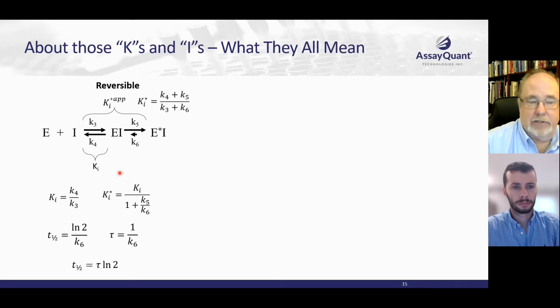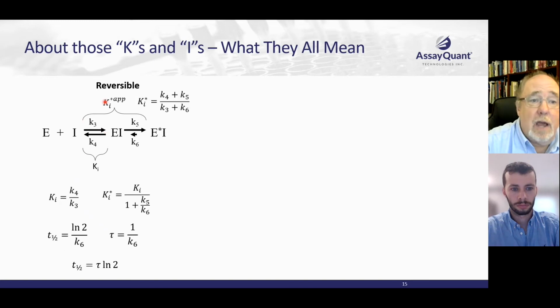kinetic binding constant. That kinetic binding constant is related to the Kd of the inhibitor binding to the enzyme in the same way that a Km is a kinetic description of a substrate binding to an enzyme, and that Kd for that substrate. So just something to bear in mind.